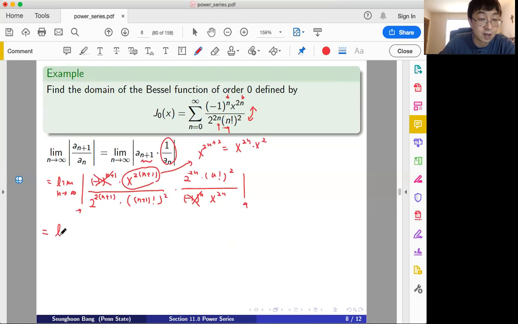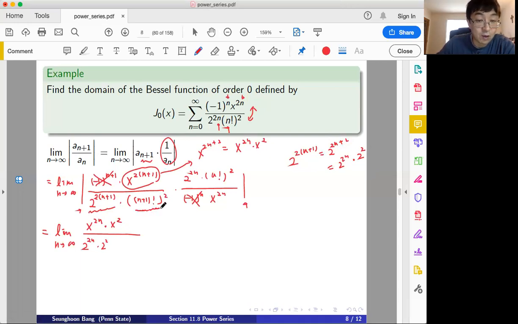So we have the limit as n approaches infinity, here x^(2n) times x squared. Similarly, what is 2 to the 2n plus 1? Split: 2 to the 2 times n plus 1, which is 2 to the 2n plus 2. So we have 2^(2n) times 2 squared.